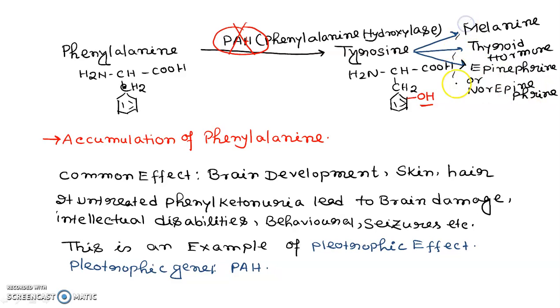That's why multiple phenotypes or multiple traits can be affected. So this is an example of pleiotropism.